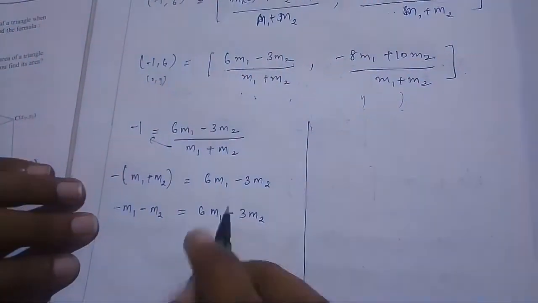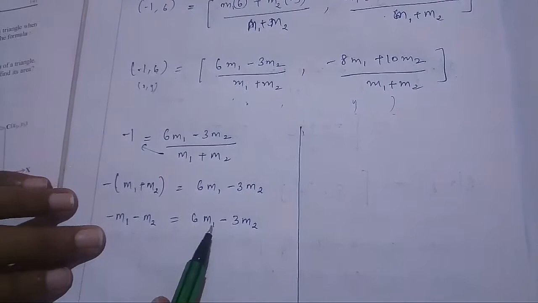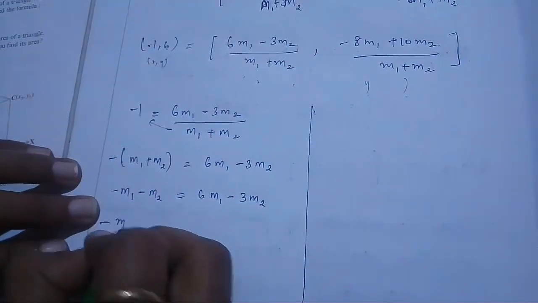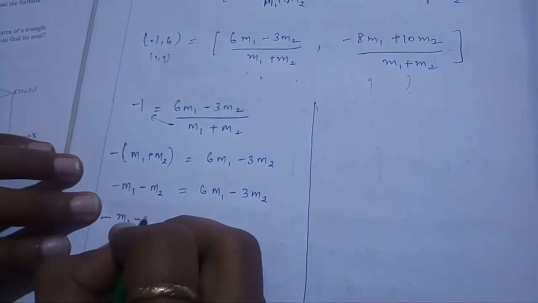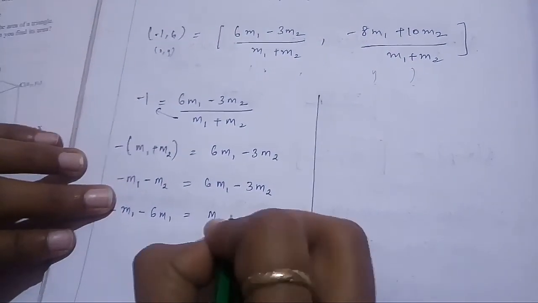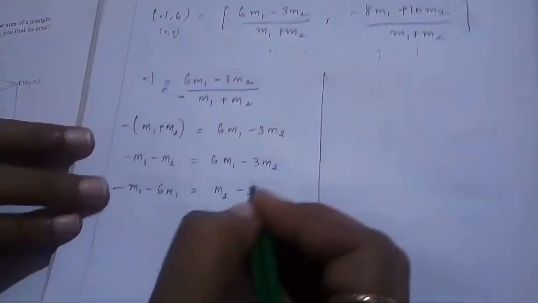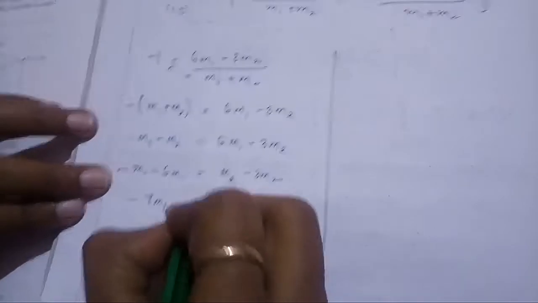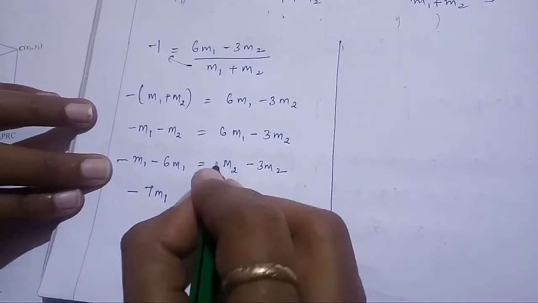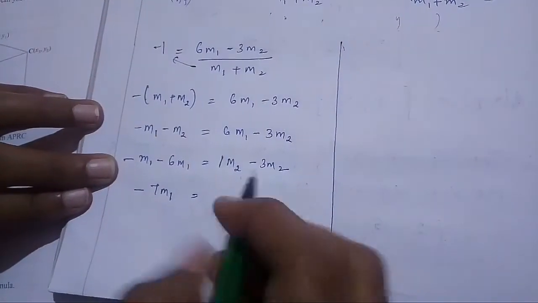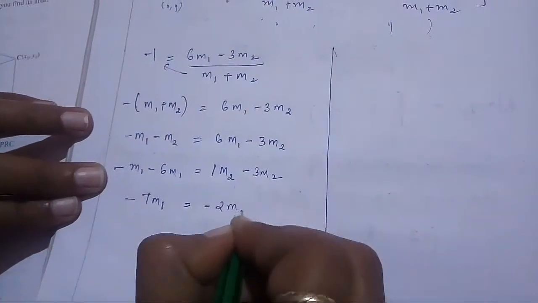Take 6 m1 to the left hand side and m2 to the right hand side. -m1 minus 6 m1. This m2 becomes plus m2 minus 3 m2. This becomes -7 m1, which is equal to 1, here there is no number, it means 1, 1 minus 3 is -2 m2.